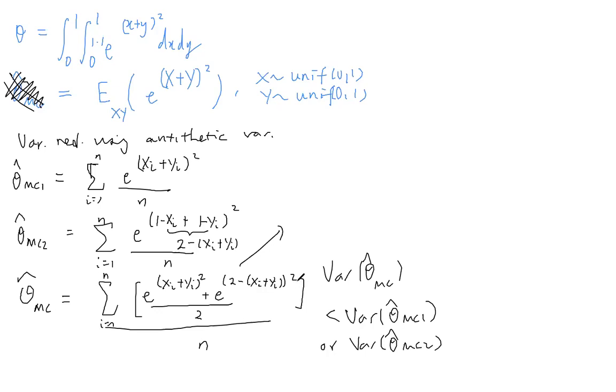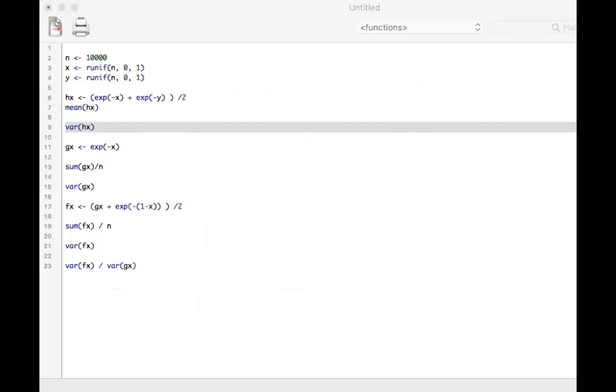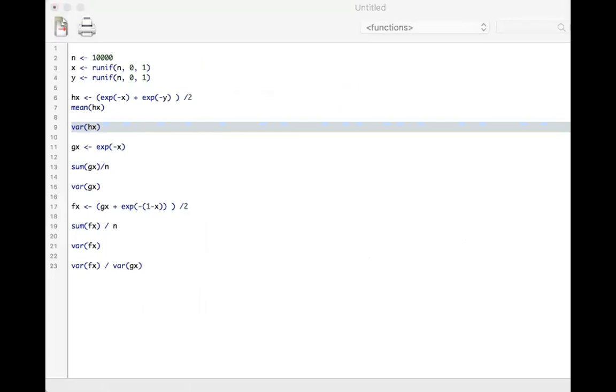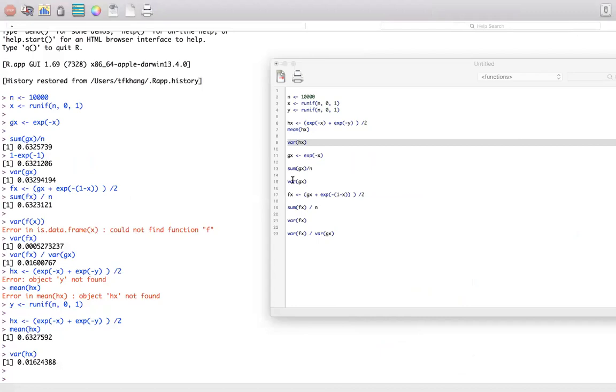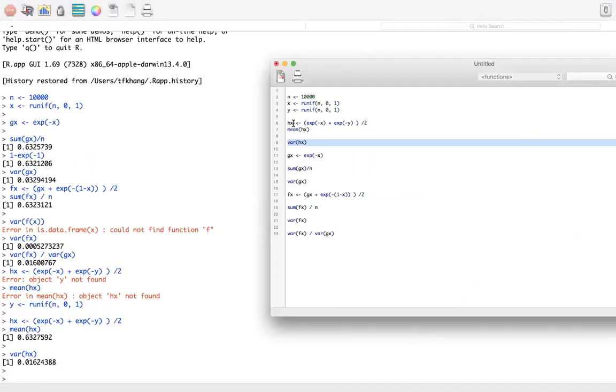Let's look at an implementation using R. Go to R. Let me go to my desktop. Okay, I'm just going to modify this part a little bit.